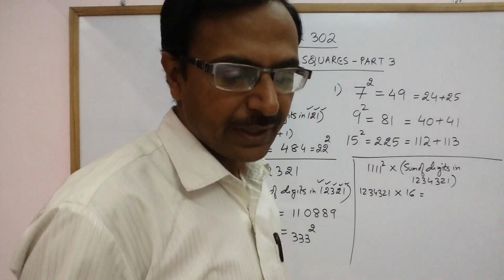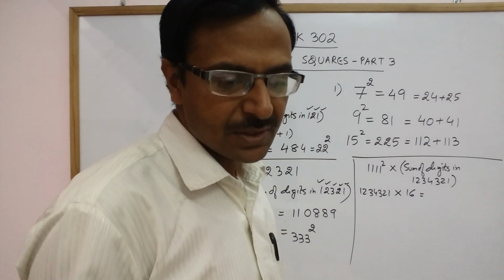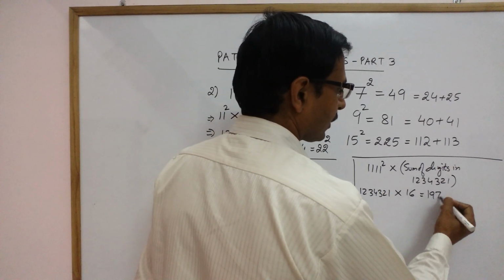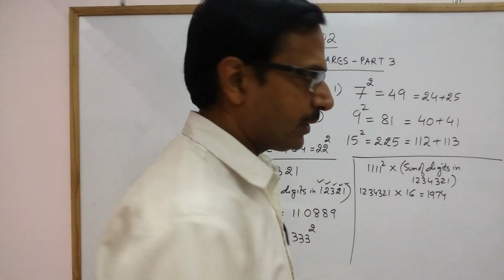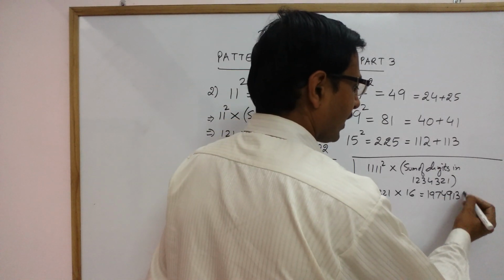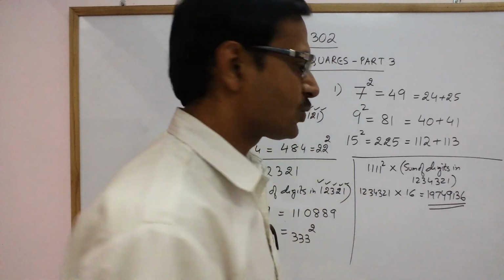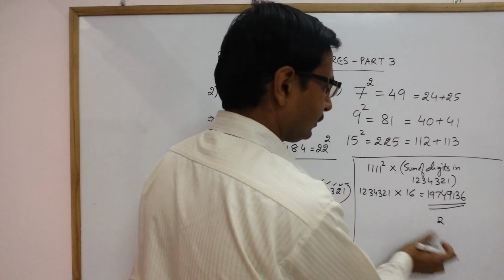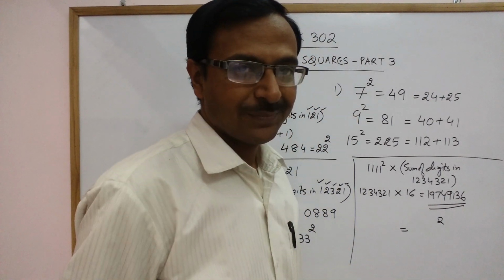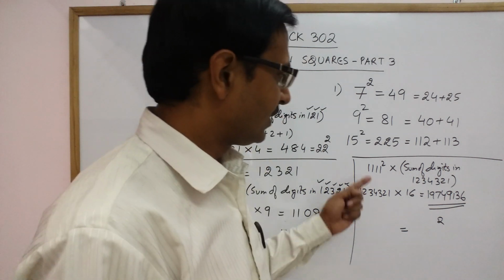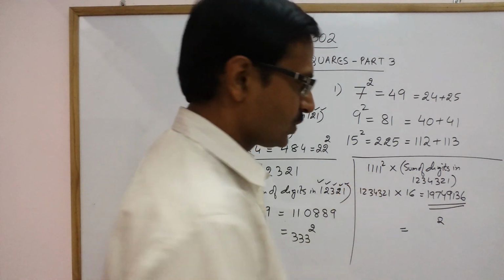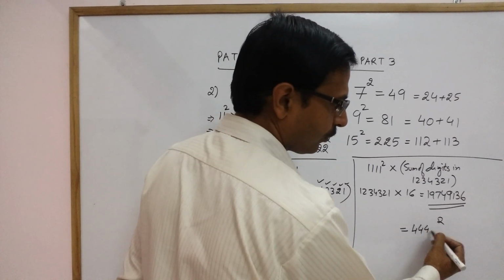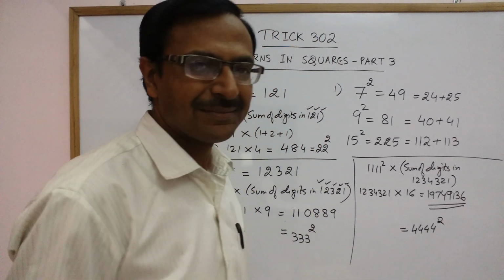That number I have already calculated for you. That number is 19749136. And this number happens to be the square of which number? Yes, you guessed that right. There are 4 ones, so 4444 squared.